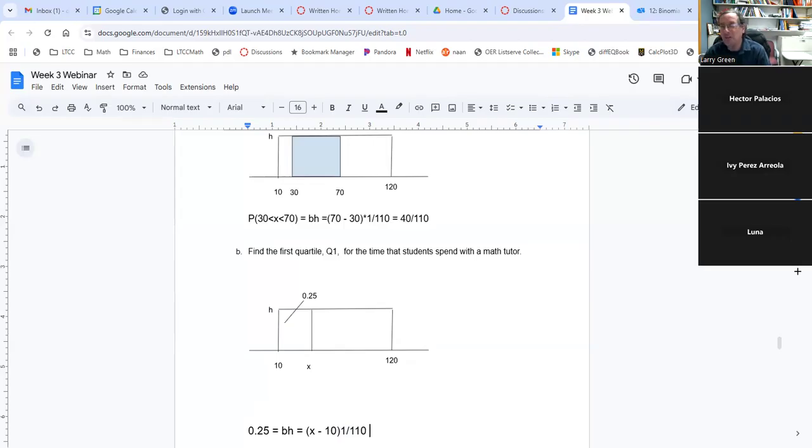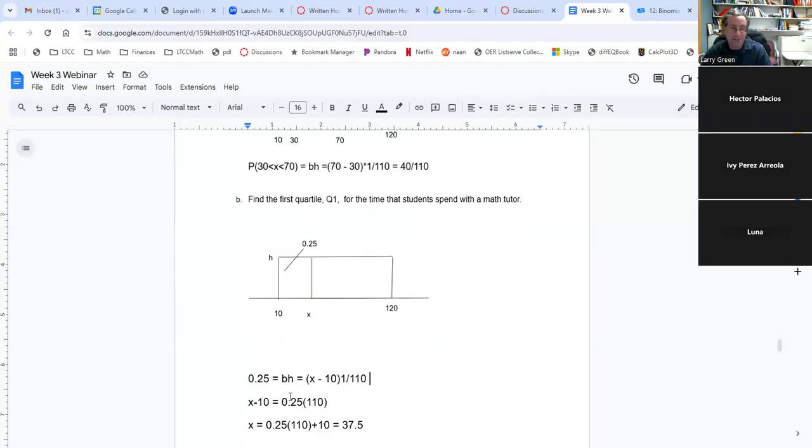And now algebra. We're going to multiply left and right by 110, and you get x minus 10 equals 0.25 times 110. Then I'm going to add 10 to both sides, and I get x equals 0.25 times 110 plus 10.